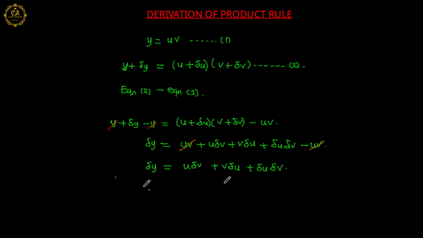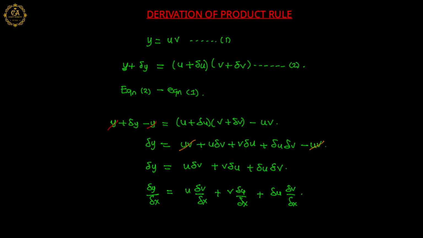So delta y by delta x equals u delta v divided by delta x plus v delta u divided by delta x, and then plus delta u delta v divided by delta x, written in terms of a term that will multiply delta v divided by delta x.